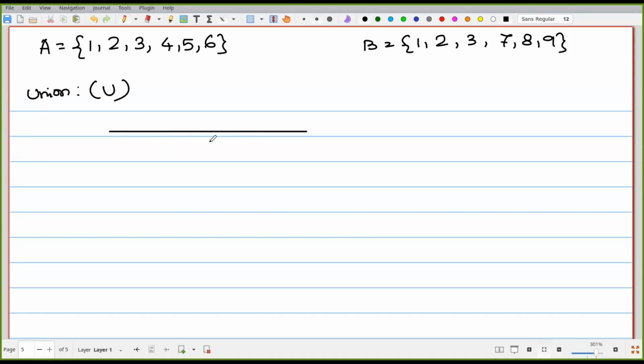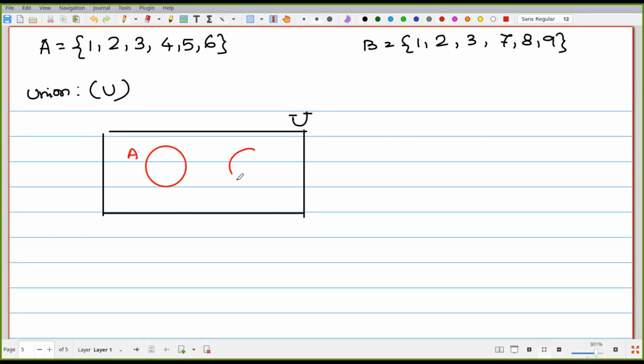Draw the rectangle, no problem. We have two sets here. Now we may draw A here and B here. But that type of diagrammatic representation would be wrong. Why?